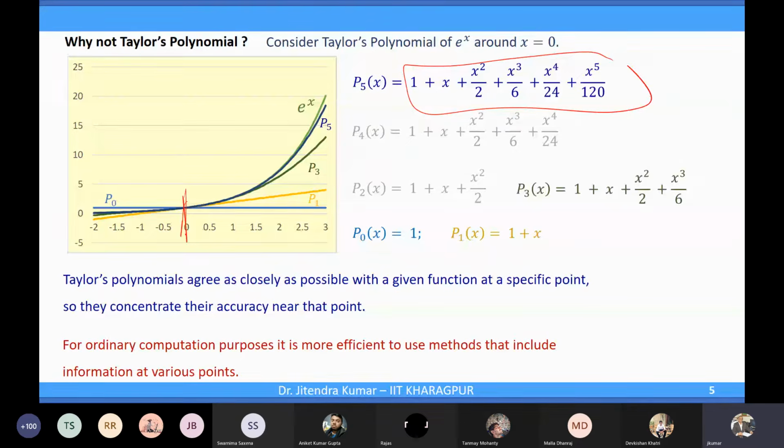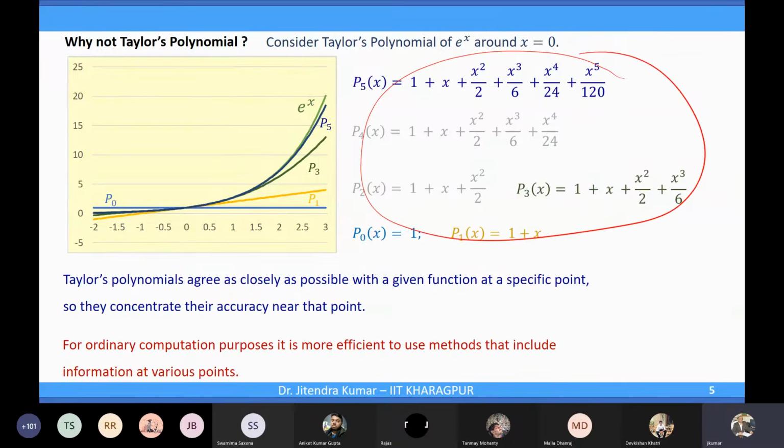But for ordinary computation purposes, or for many applications, it is more efficient to use methods that include information at various points. In the Taylor polynomial, you are using all the information of that function at one point. You need the function value, its first derivative, second derivative, third derivative, fourth derivative, and so on. The more you know, the better fit you can get. But in polynomial interpolation, the idea is different.